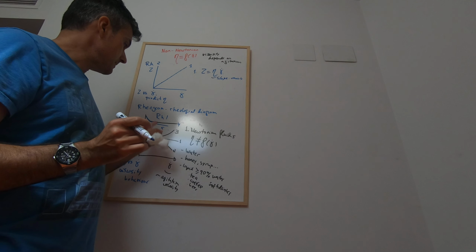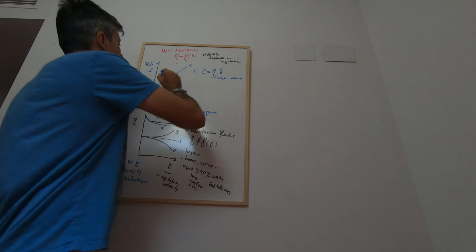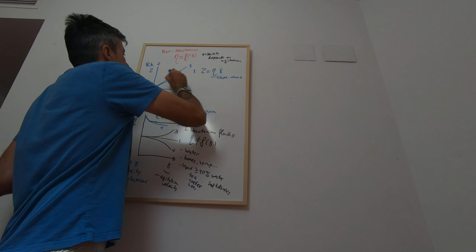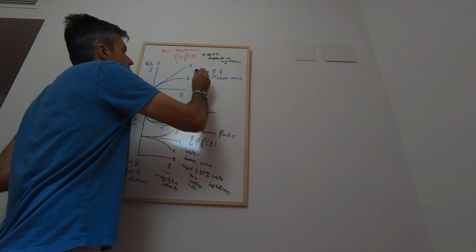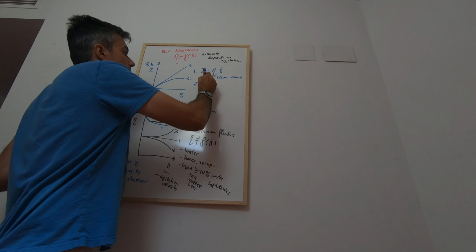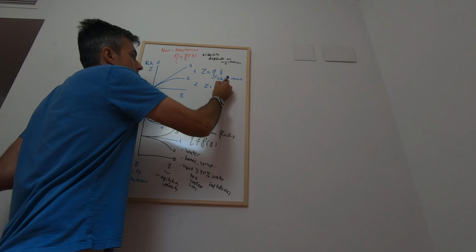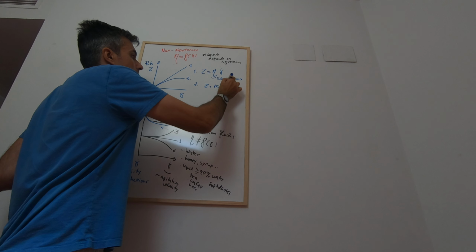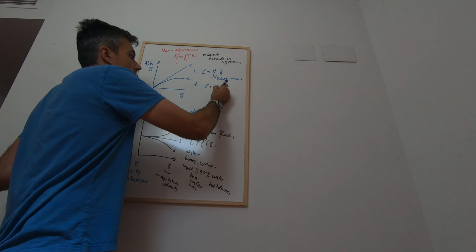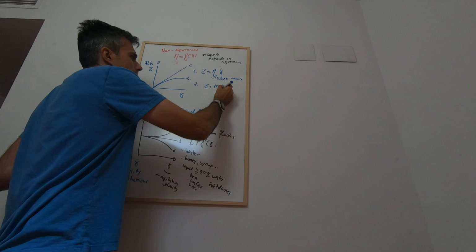The second type, the shear thinning, has a behavior like this too, and the equation is similar, but no, not similar, completely different. Tau equals K gamma dot to the power n, with n less than 1.